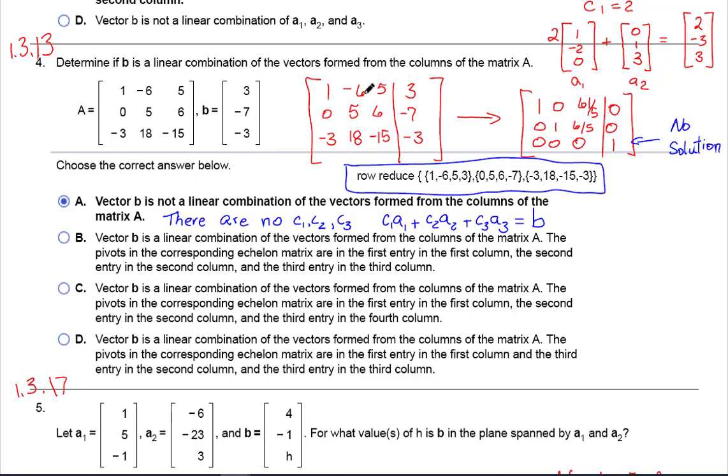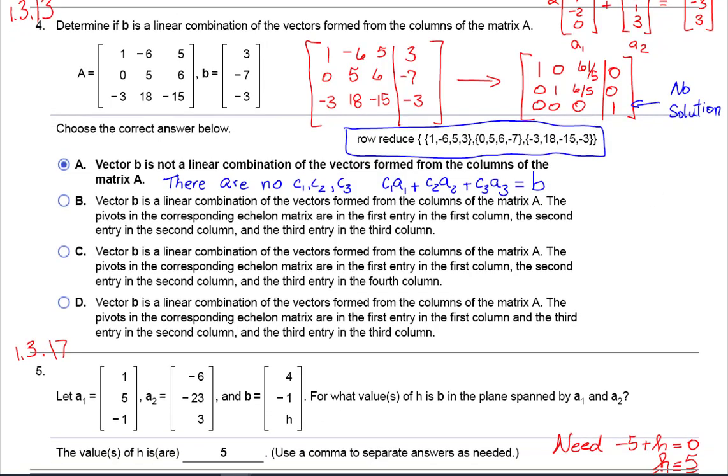So I form the matrix, I row reduce it, and what I see is I have this row of 0, 0, 0, and something not 0, which means that there is no solution. That means there is no C1, C2, C3 where that combination multiplied by the A1, A2, A3 would give me B.